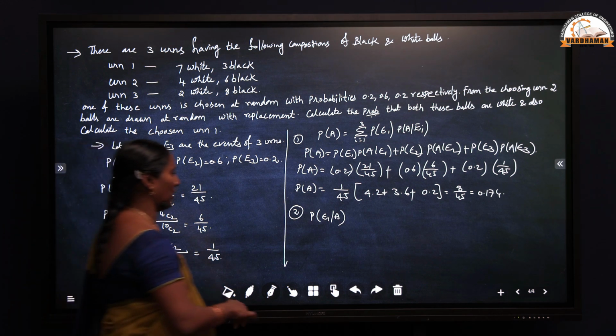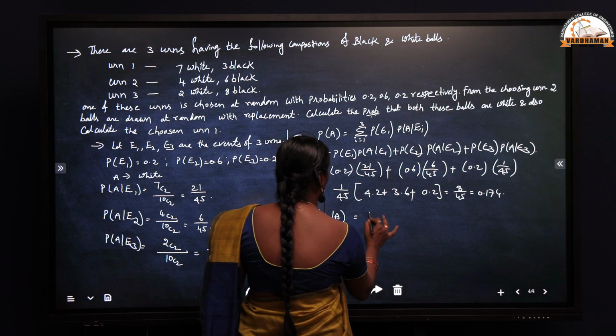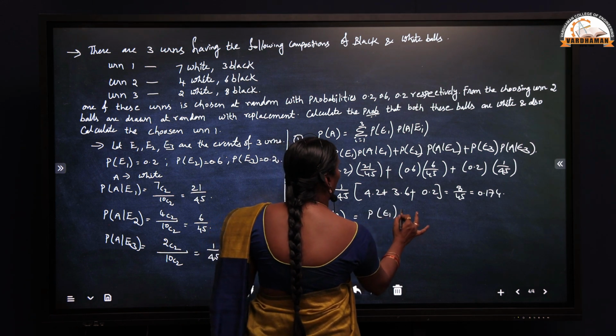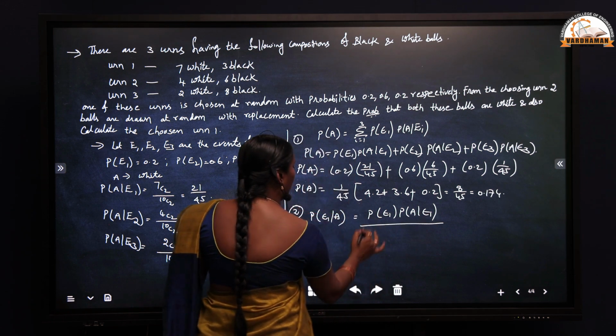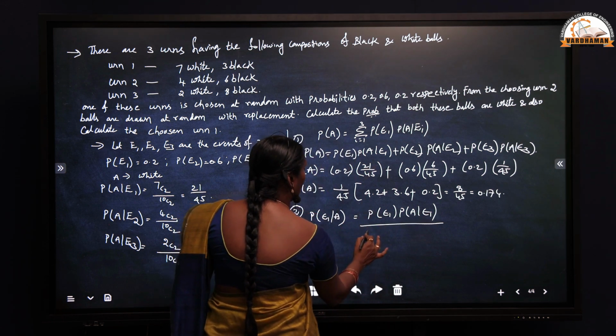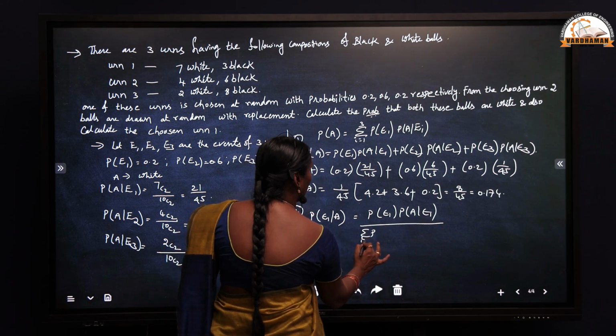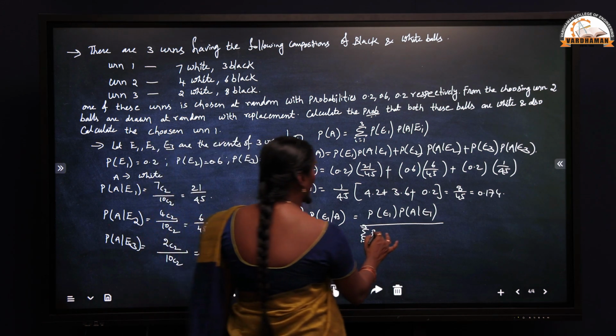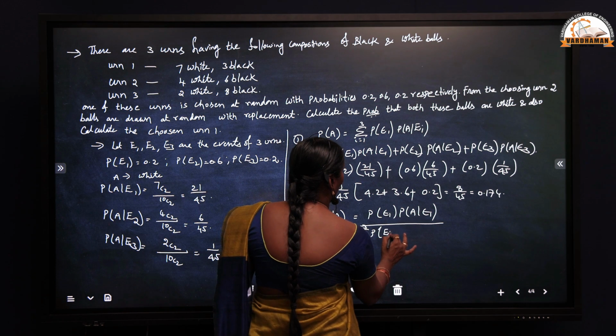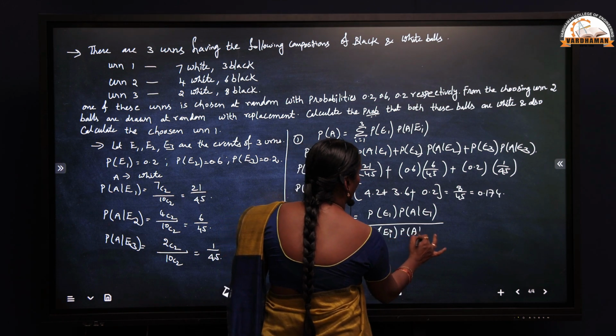E1 given A is P of E1 into P of A given E1 divided by summation I from 1 to 3 of P of EI into P of A given EI.